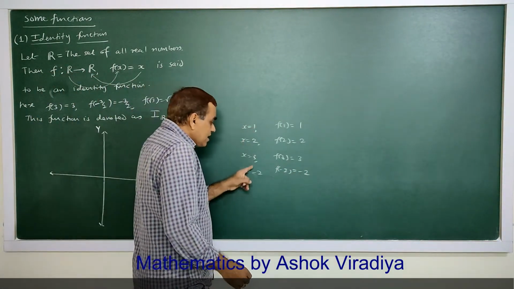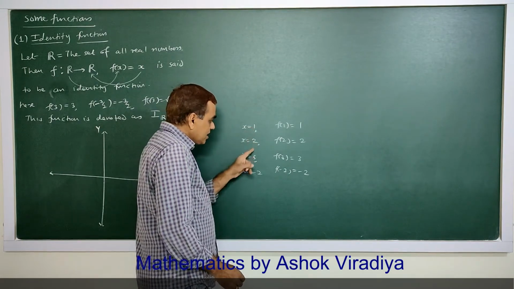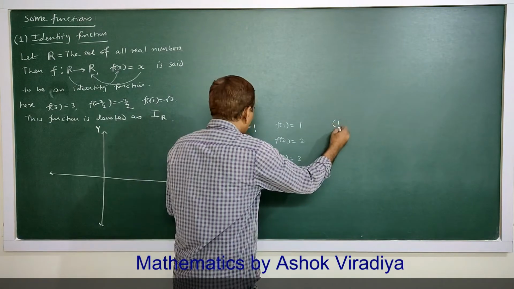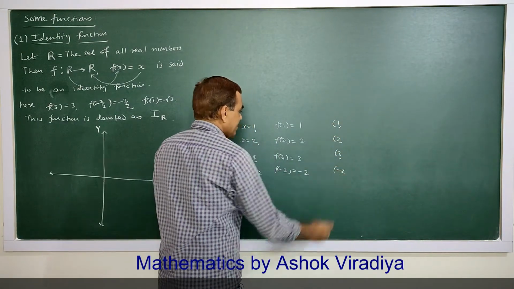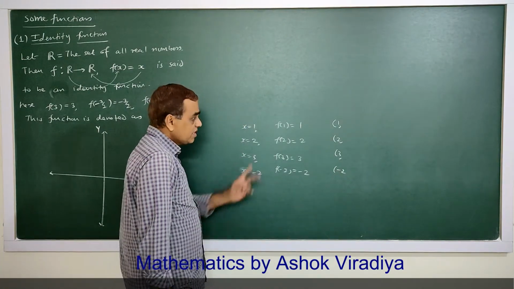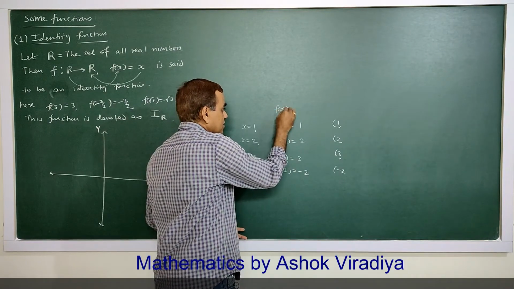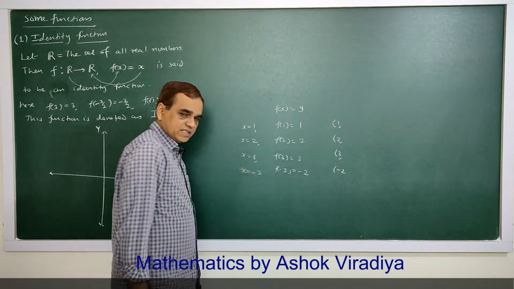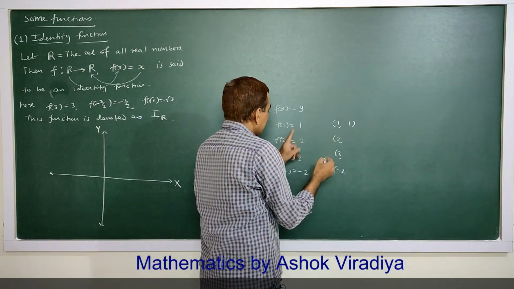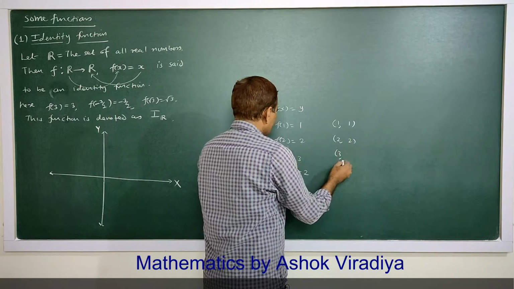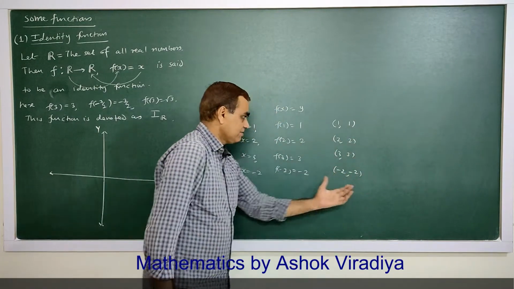So these values we take from the x-axis. These are x coordinates: x coordinate 1, 2, 3, minus 2. And these are y values. Images we represent by y. So the image of 1 is 1, the image of 2 is 2, the image of 3 is 3, the image of minus 2 is minus 2.